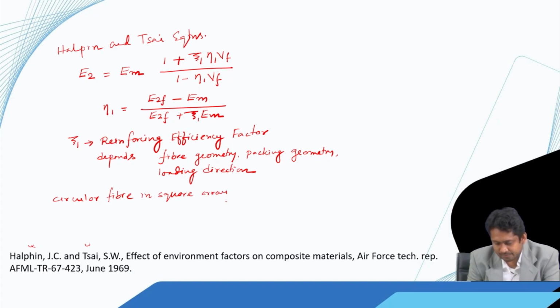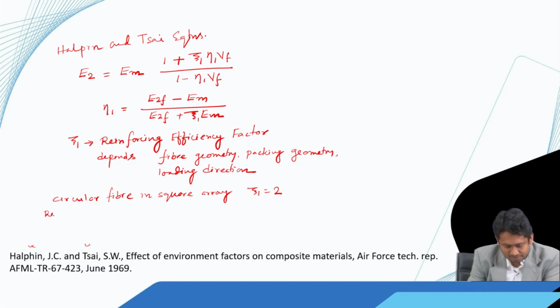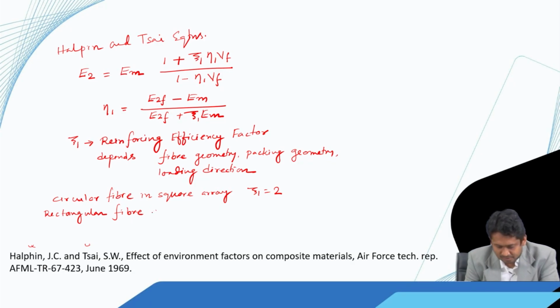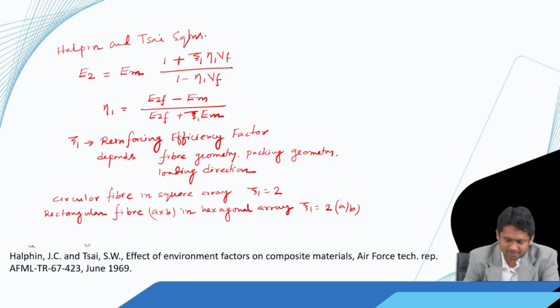If the fibers are circular and their arrangement is a square arrangement, then xi 1 is equal to 2, and if they are rectangular fibers, and the fiber has a dimension a by b, if it is arranged in hexagonal fashion, then xi 1 is equal to 2 multiplied by a by b, where b is in the direction of loading.